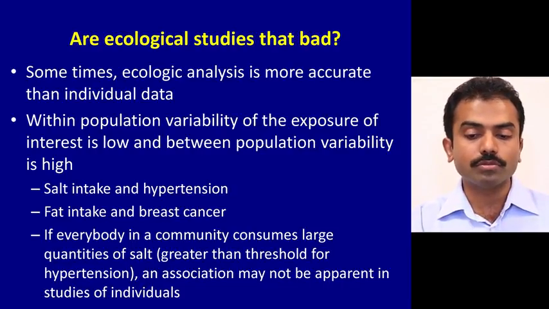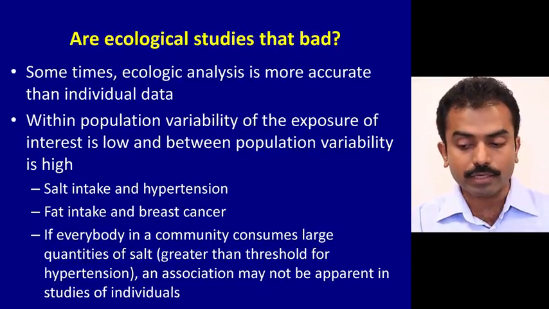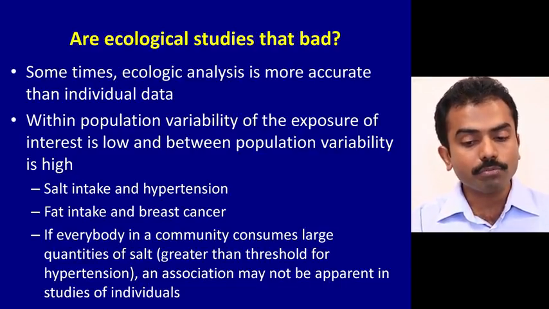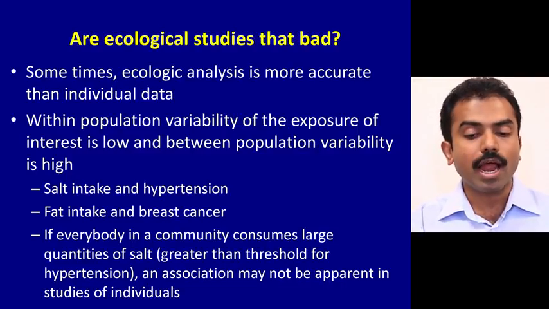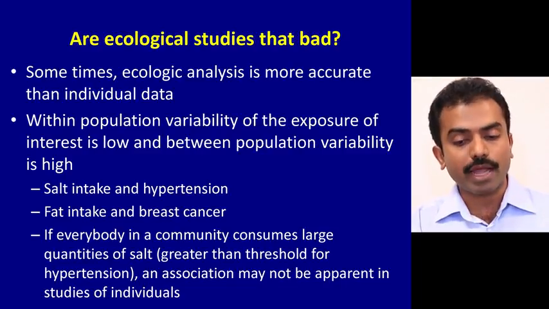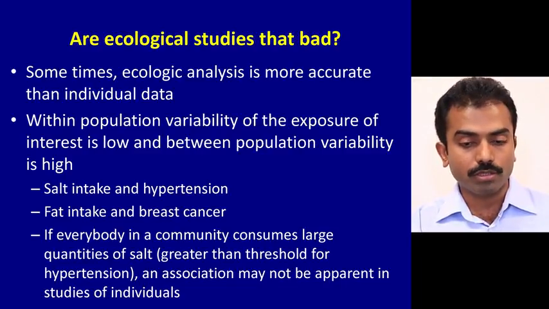But if you design an ecologic study, then you can take communities, and for each community take an average salt intake and hypertension incidence, and then make a correlation to see if salt intake is in fact related to hypertension. So it is a useful design.